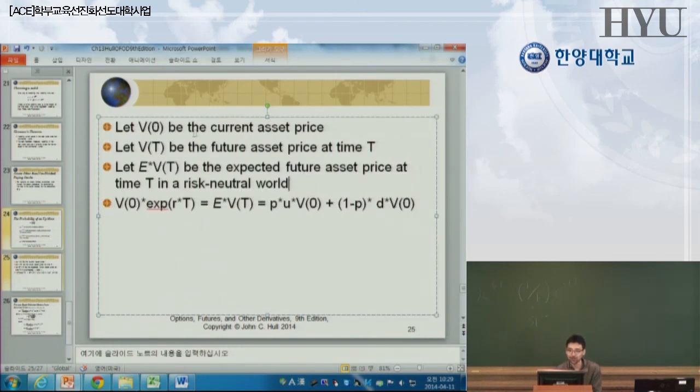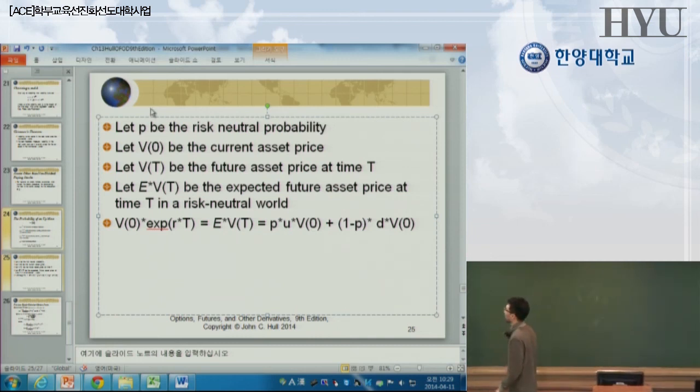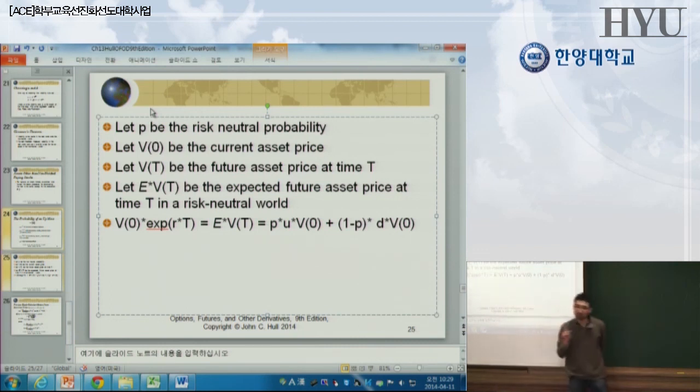Here, let P be the risk neutral probability. We have only two scenarios, going up and down, and this part should be the same as this part.